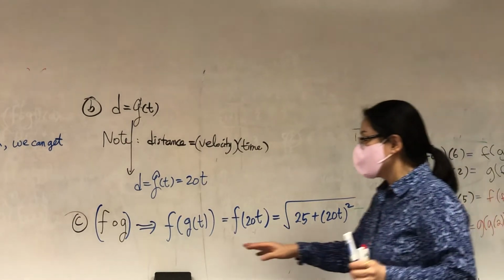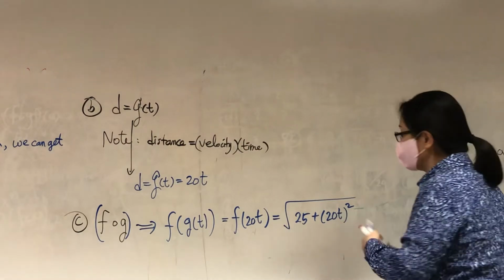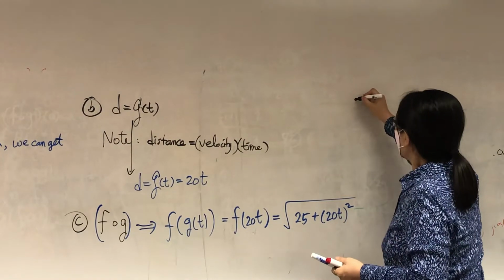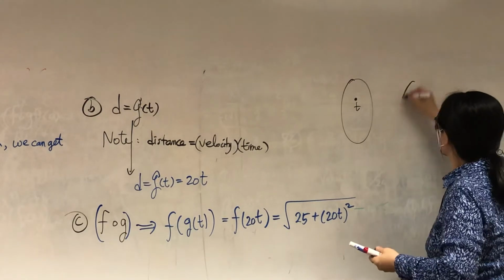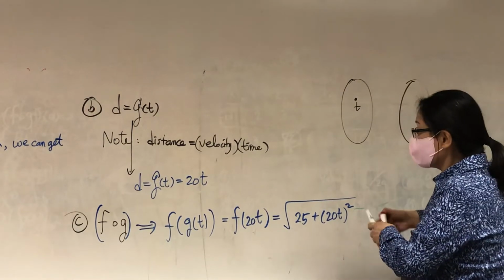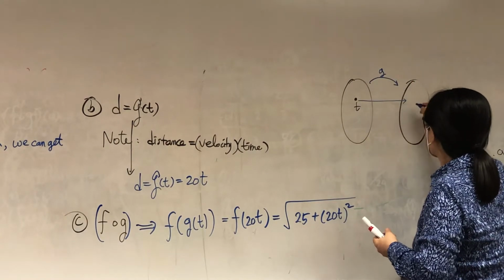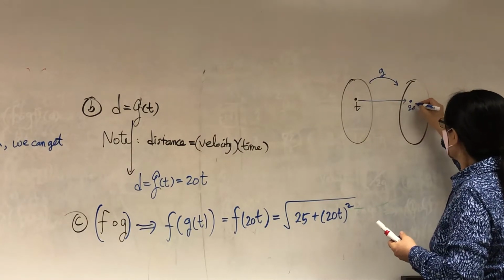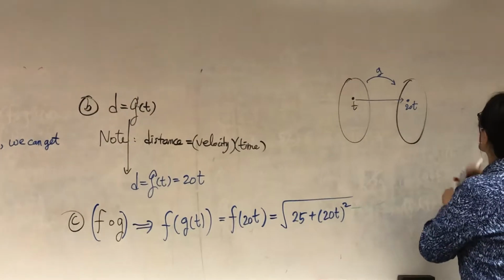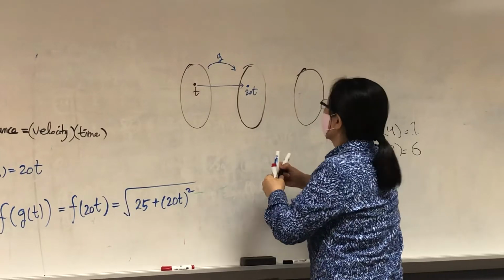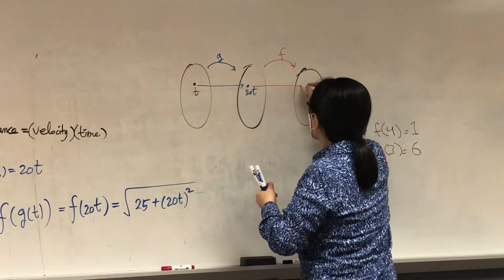So what kind of composite function can you think about? See here, your first value is t, am I right? And then you apply the g function here, and t goes to 20t, am I right? And then by f, it goes where?